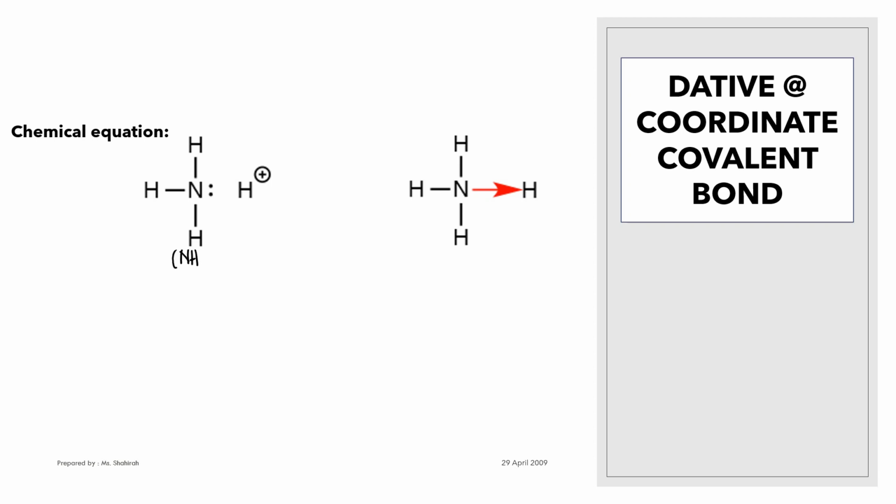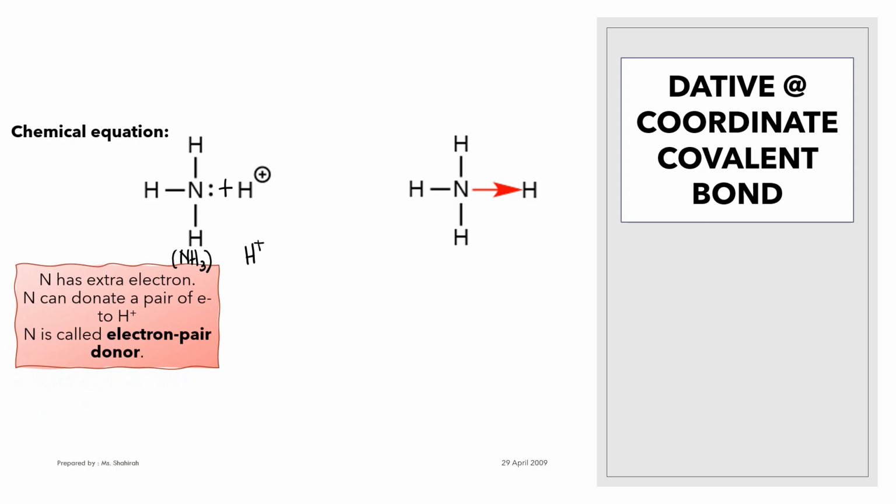In this example, we have ammonia molecule and H+ ion. So in the ammonia, we can see that nitrogen has extra lone pair electron. Okay, di situ. So N ada sebanyak satu pasang elektron iaitu 2 elektron.